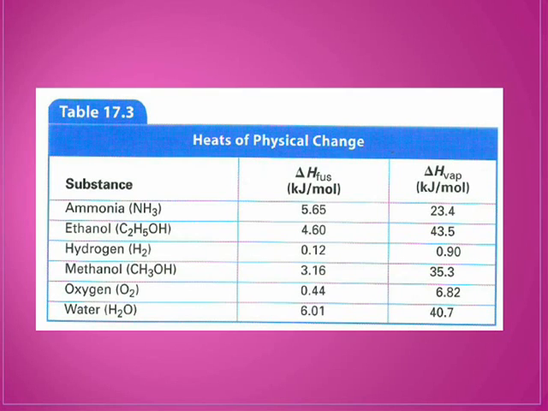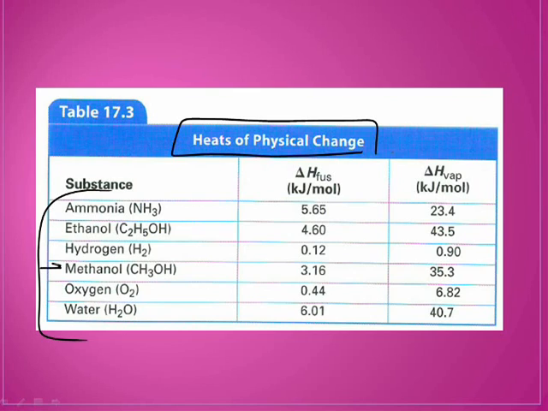Here are our heats of physical change, and we have all these to choose from. Now, we notice there are two different alcohols here, methanol and ethanol. The alcohol that we drink is ethanol, so that's the heat of fusion we want. So we're going to use 4.60.